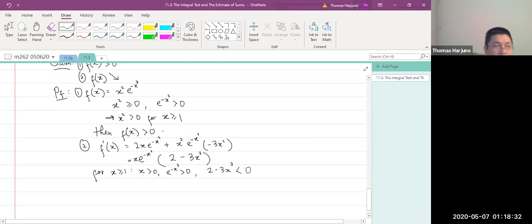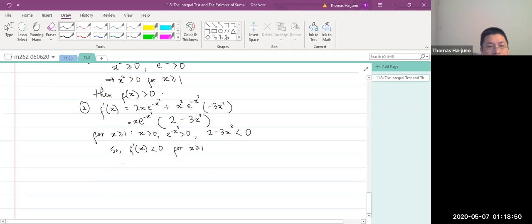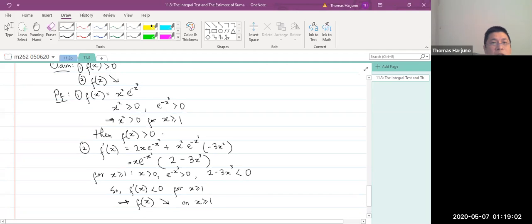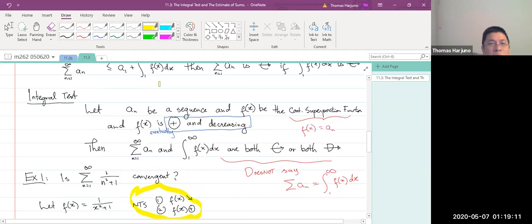So f prime of x is negative for x greater than or equal to 1. That implies f(x) is decreasing on x greater than or equal to 1. This shows that the continuous function we have satisfies the requirement that we have up here, that it is eventually positive, eventually decreasing.